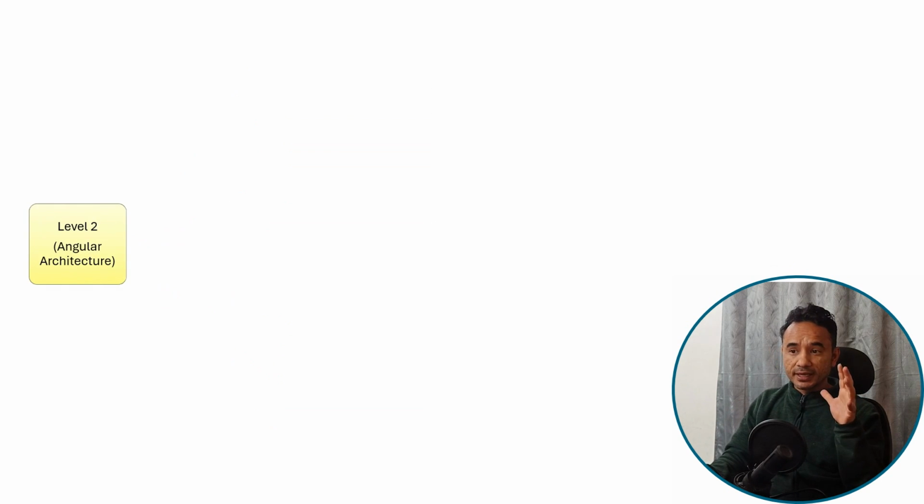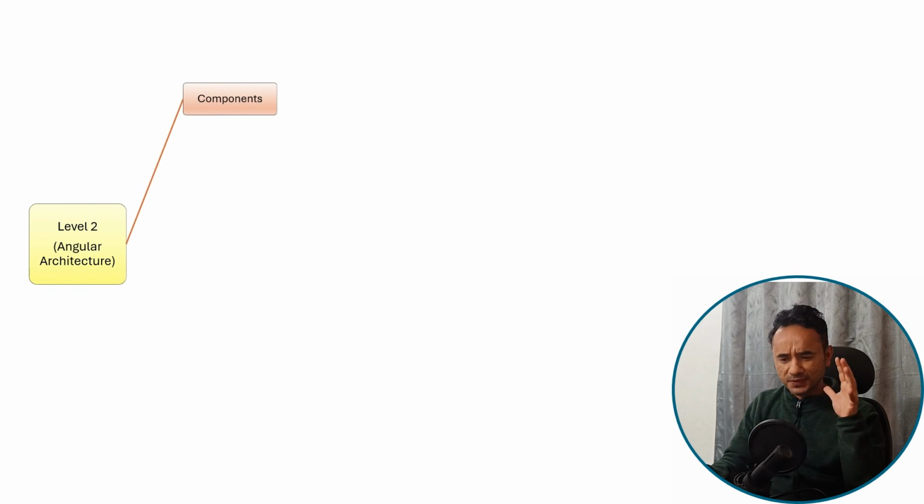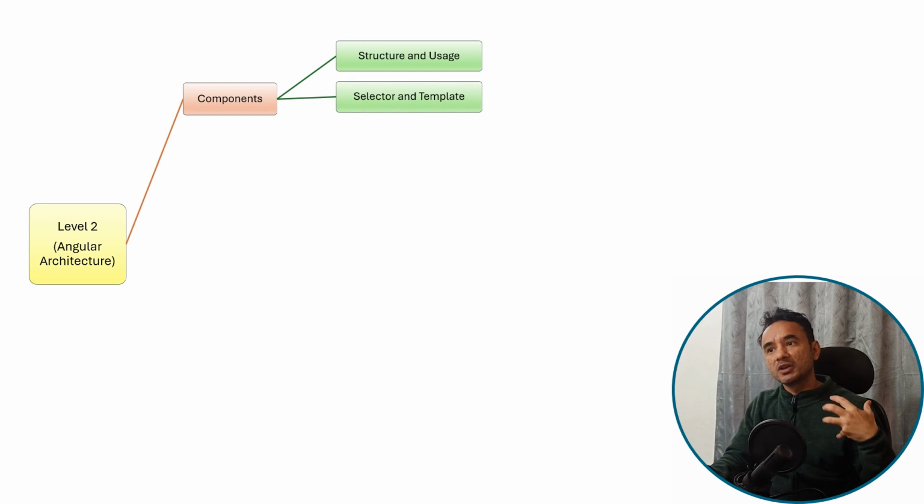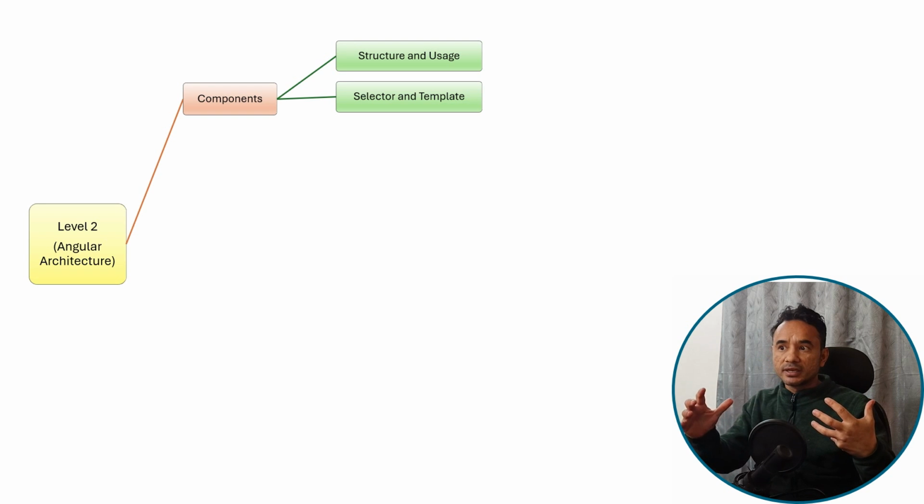Level 2. In level 2, first explore the components. They are the heart, soul, building blocks, everything of your Angular application. Understand how to structure and how to use those components. Okay, then get comfortable with the selector and templates, because that is how you will display the dynamic content via Angular, right?